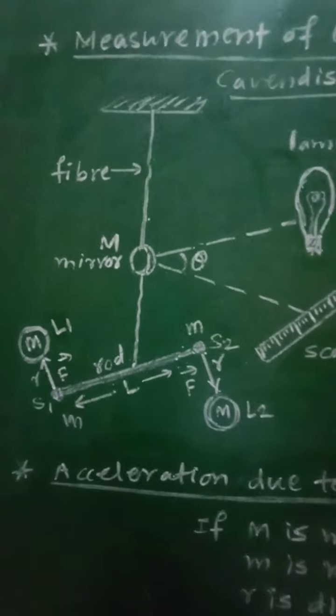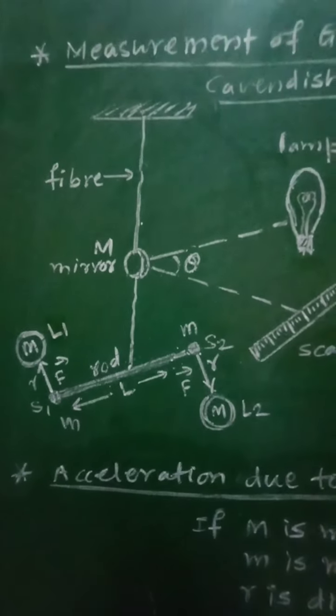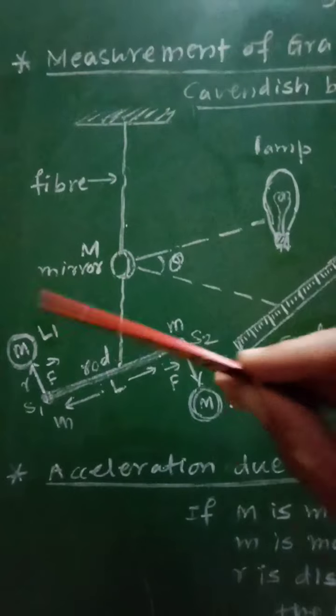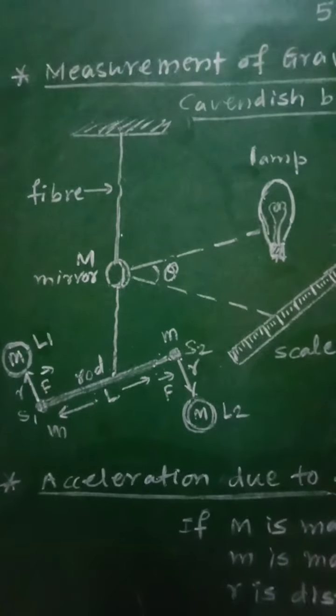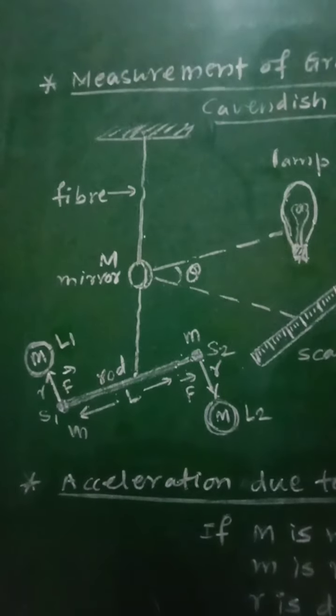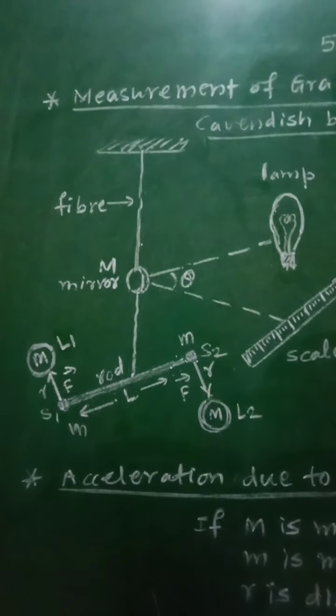So the L1 sphere will be brought towards S1 and L2 will be brought towards S2, and therefore there will be gravitational force between these spheres.